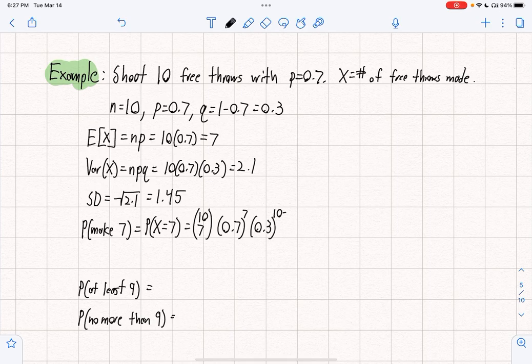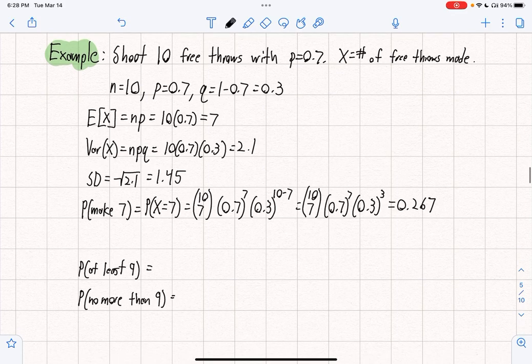And the leftover, so 10 minus 7. So if I rewrite this, it's 10 choose 7 times 0.7 to the 7th times 0.3 cubed. So 7 successes, 3 failures. And this comes out to 0.267.